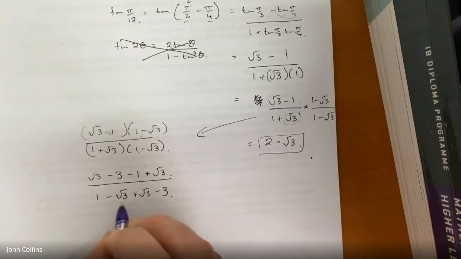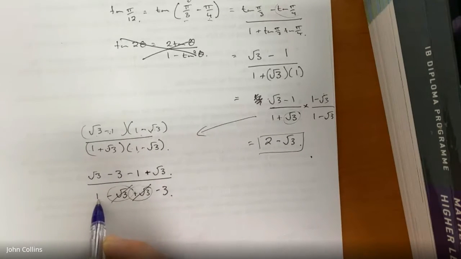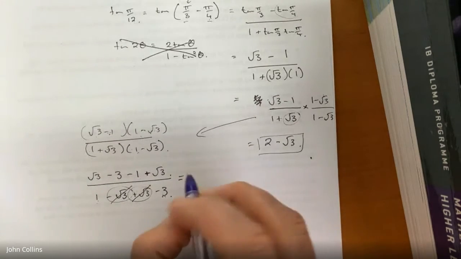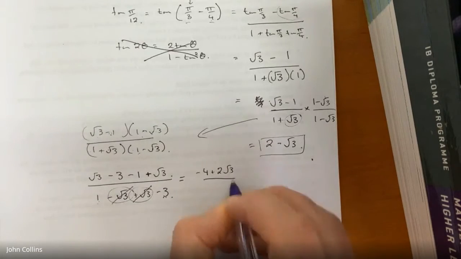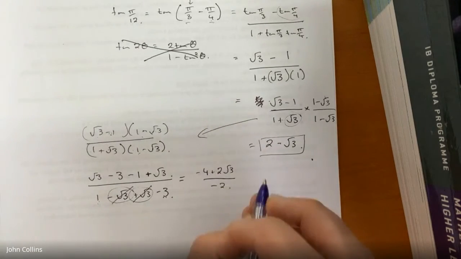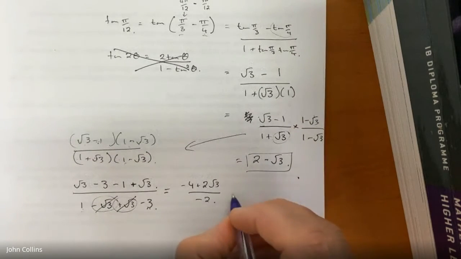Okay, and what happens here, and this is the beauty of the conjugate, this and this cancel out, and you're just left with an integer, which is fine. So what we end up with here is minus 4 plus 2 root 3 all over minus 2, and then divide everything by minus 2, and we are finished.